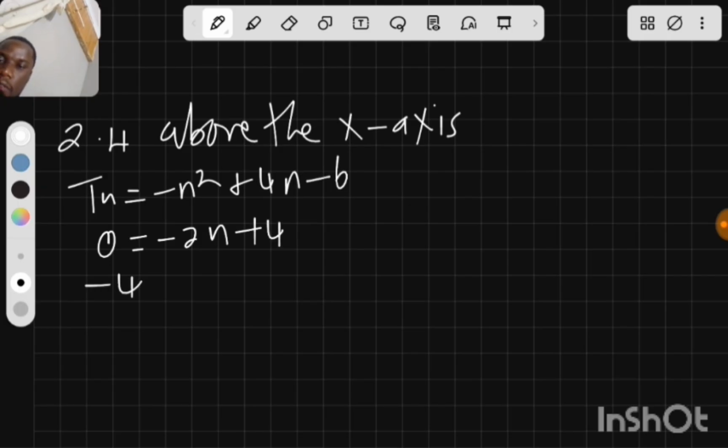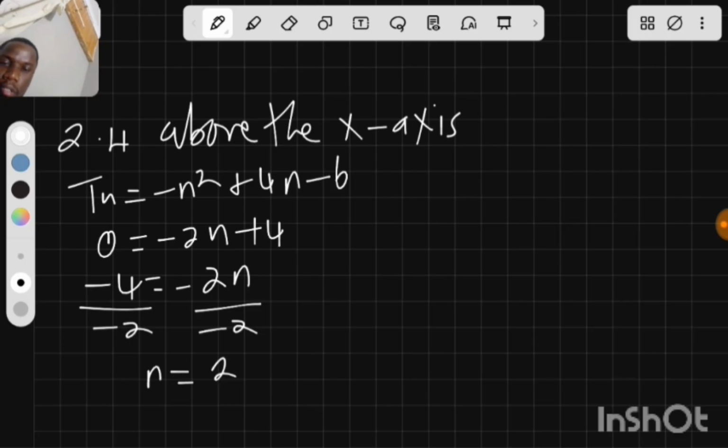Then we move the 4 to the left, we have minus 2n equals minus 4, and we divide by minus 2 on both sides, so n is equal to positive 2.